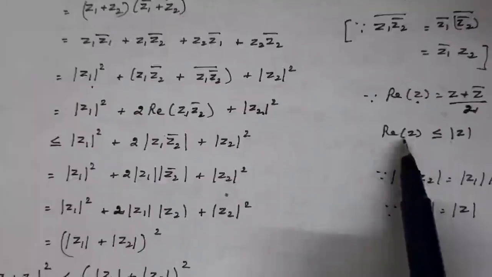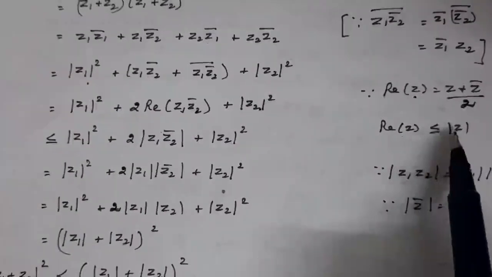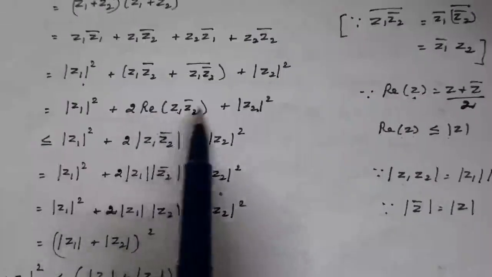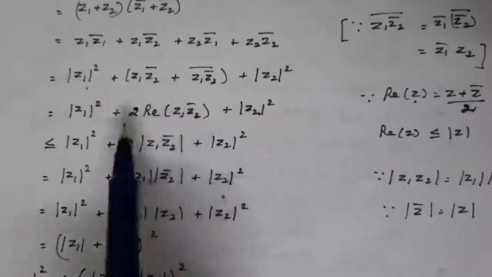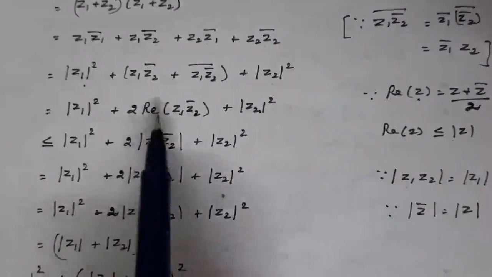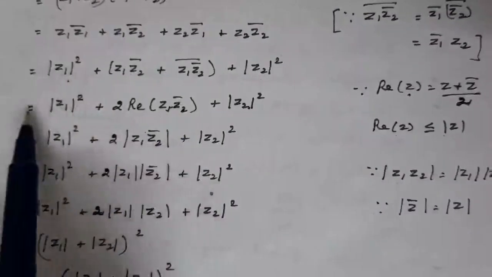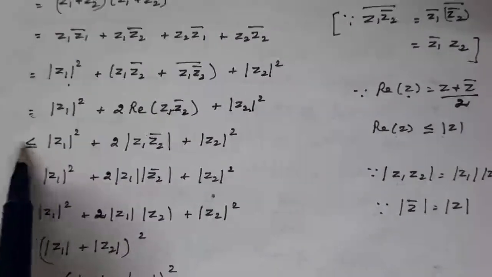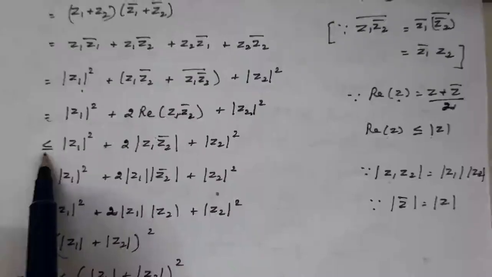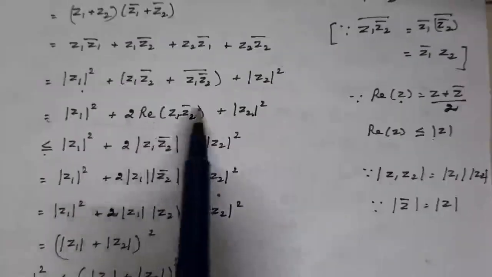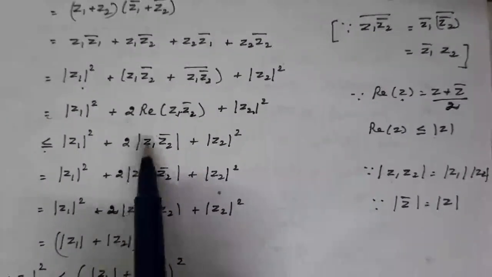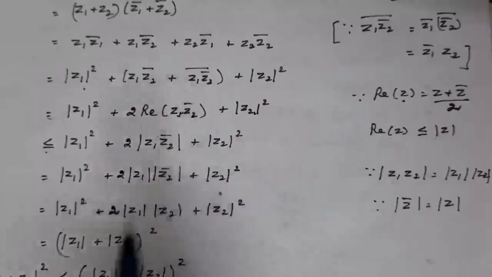But you know that the real part of a complex number is less than or equal to its modulus. So this one is less than or equal to this modulus. So replacing this, the equal symbol should be replaced by the inequality less than or equal to. So 2 into this one is replaced by its modulus, Z1 into Z2 bar.